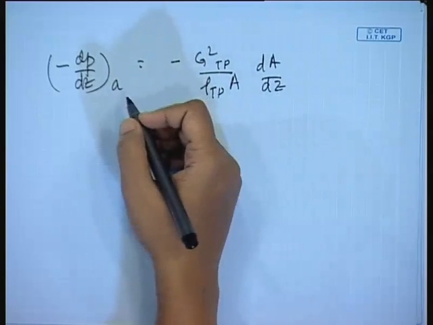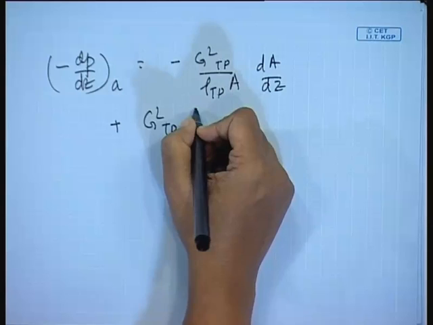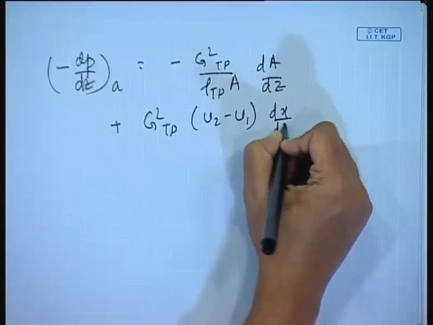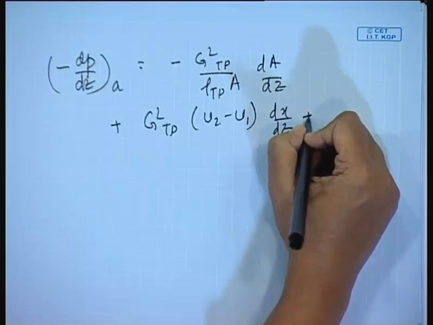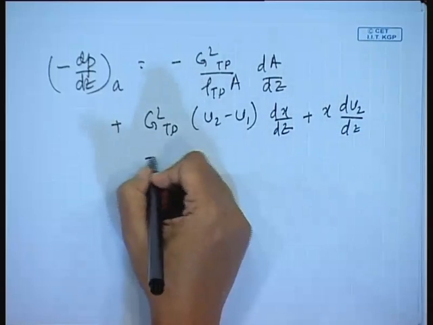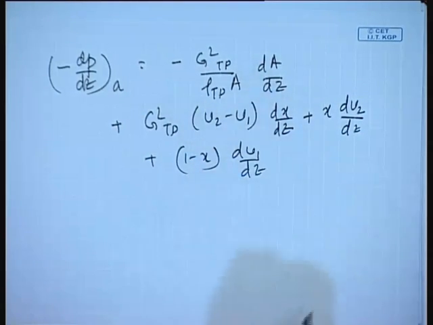And the other term, if you do it, then what you are going to get is G squared_TP [(v2 minus v1) dx/dz plus x dv2/dz plus (1 minus x) dv1/dz].